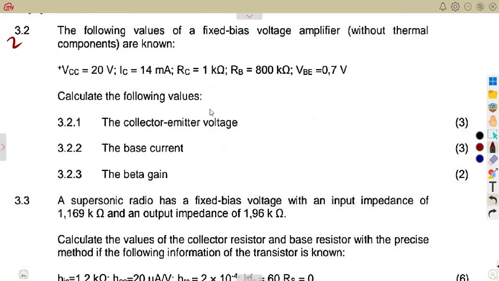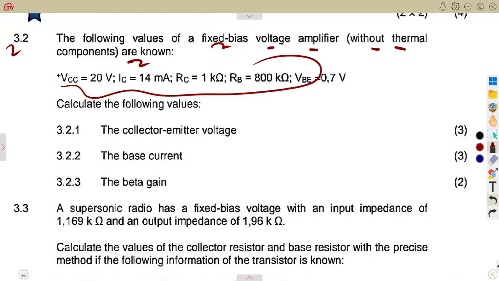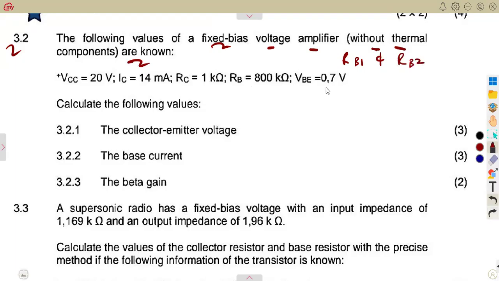3.2, you are given the following values. They are for a fixed bias voltage amplifier without thermal components. If we check properly, we are not having anything to do with the voltage division. We do not have RB1, we do not have RB2, and we do not have the emitter part.